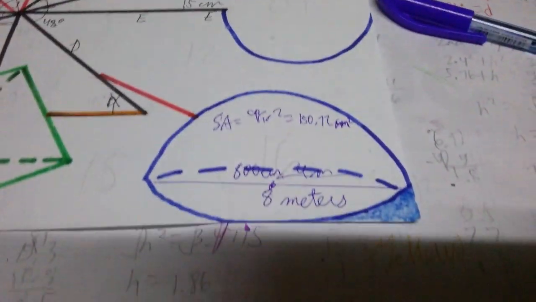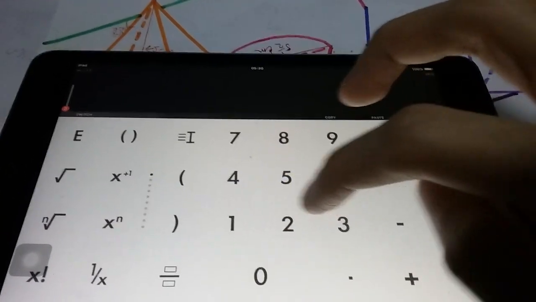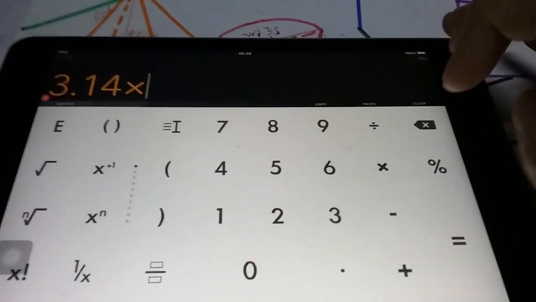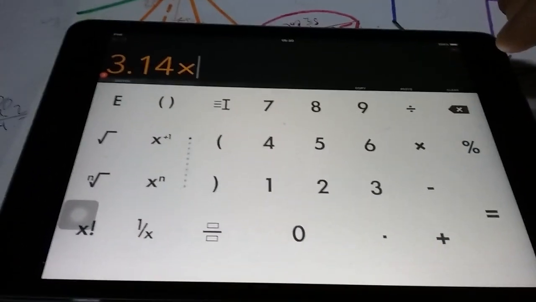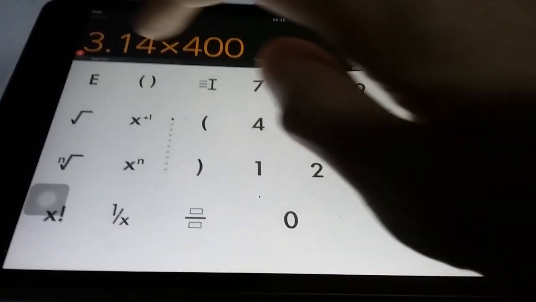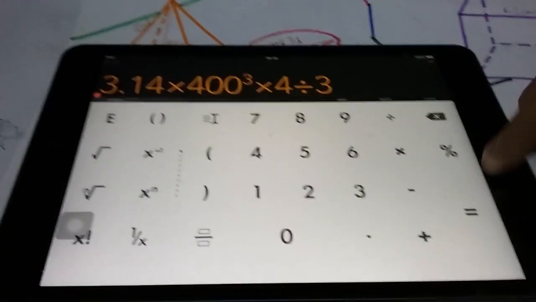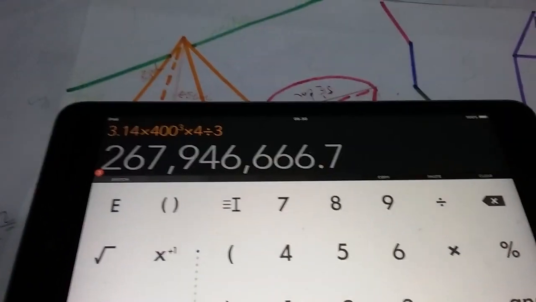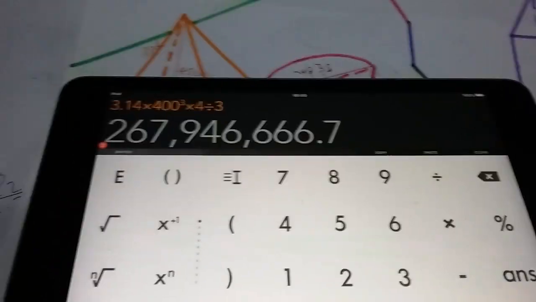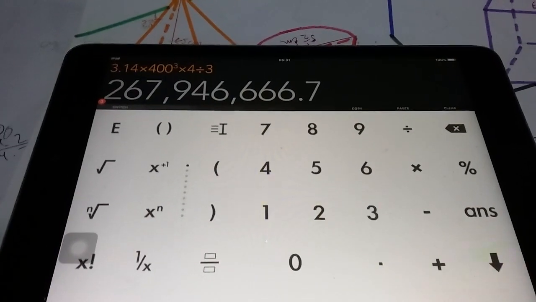Now, what is the formula? The formula is 3.14 times the radius cube. Remember the radius is 400? So 400 cube times 4 divided by 3. You should get this answer of 267 million, a large number to be exact.